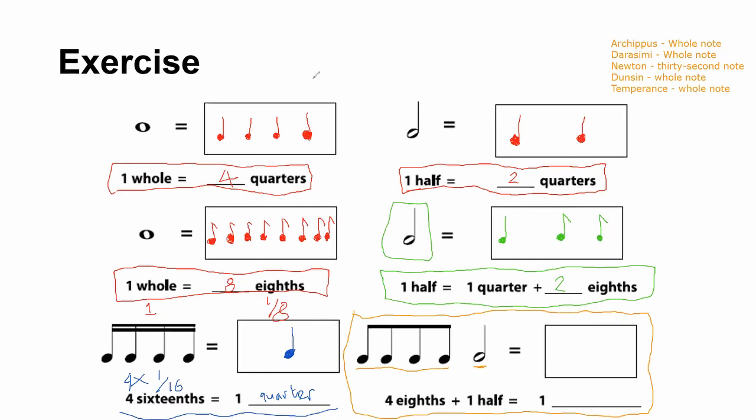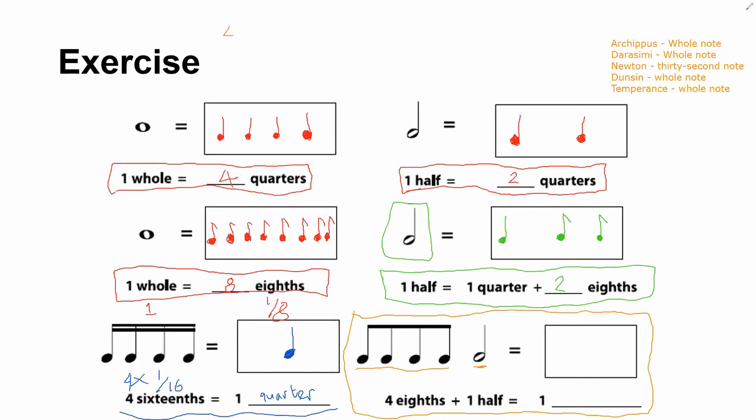Is 1 what? So that's the question we want to find out. So let's start with the 8th notes. 4/8, remember 8th, not 8. The TH at the end means that it's a fraction. So 4/8 means 4 8th notes.